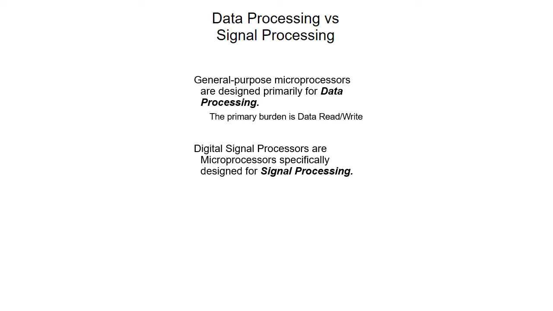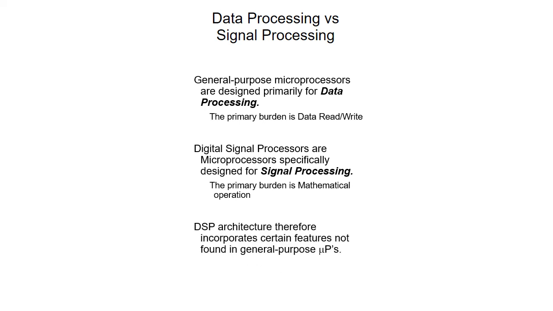Digital signal processors are microprocessors designed for signal processing systems. The primary burden is mathematical operations, and the DSP architecture therefore incorporates certain features not found in the general purpose microprocessor system.